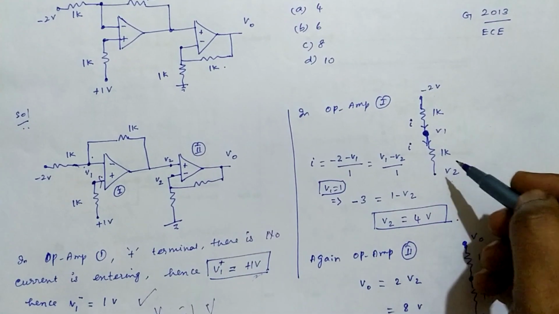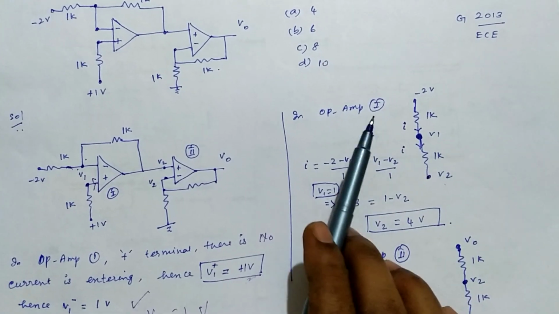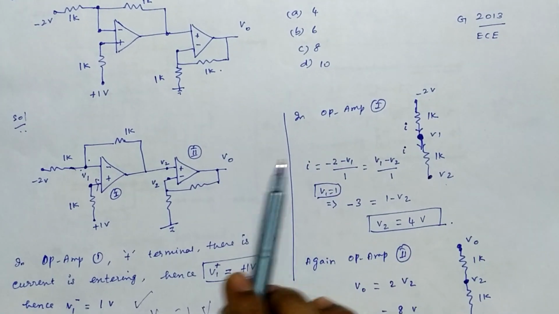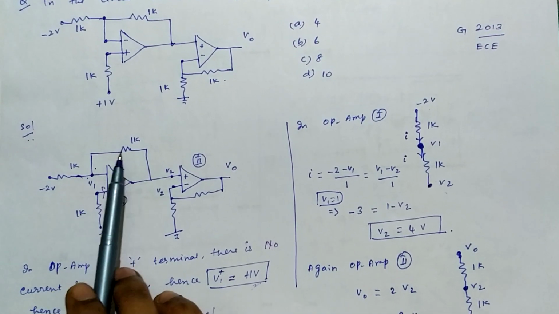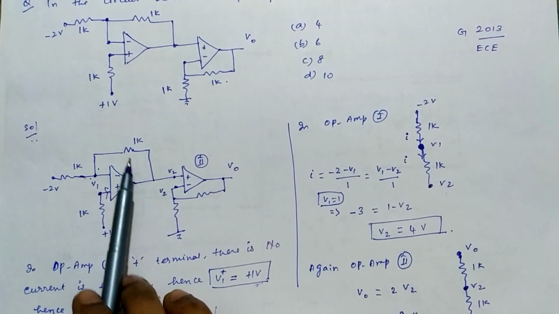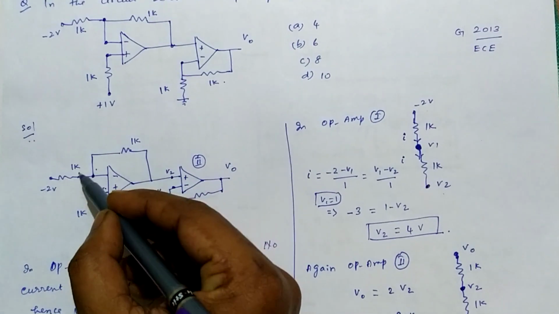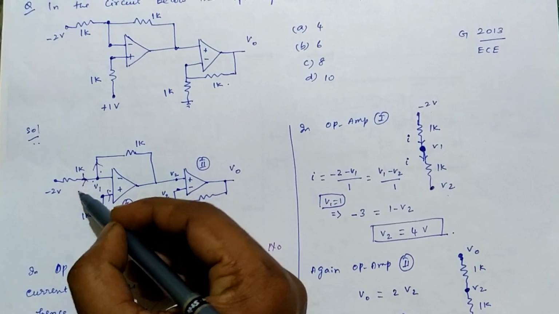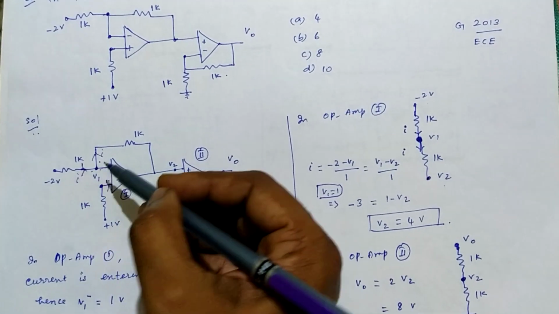This is the arrangement at the inverting terminal of op-amp 1. Whatever current is coming here, that entire current goes through this resistor. So the current coming here is equal to the current here, since no current enters into the op-amp.